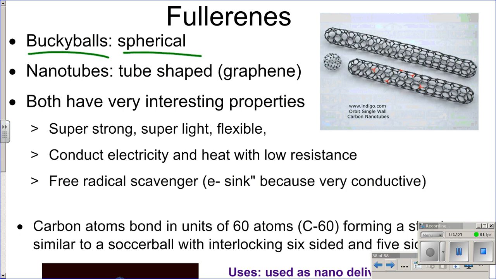This is supposed to be C50, I'm not counting right now. C50 is buckyballs. Nanotubules, you can assume, have more of a tube shape to them. And that's what they use for graphene, which is a structural component for many manufacturing processes.